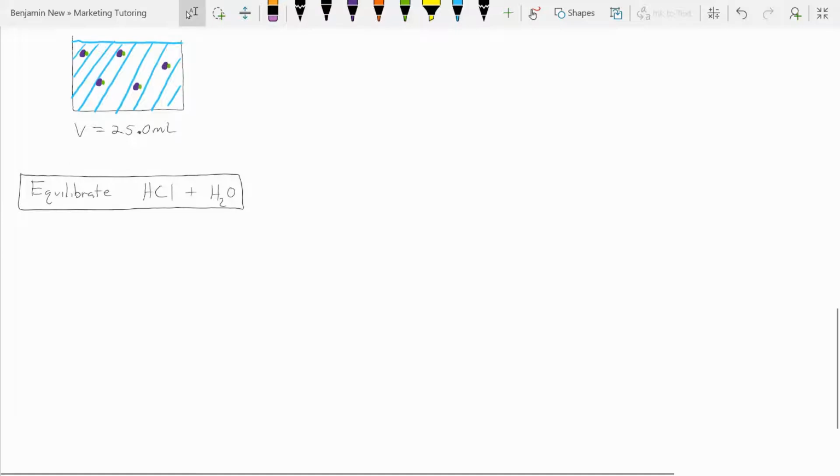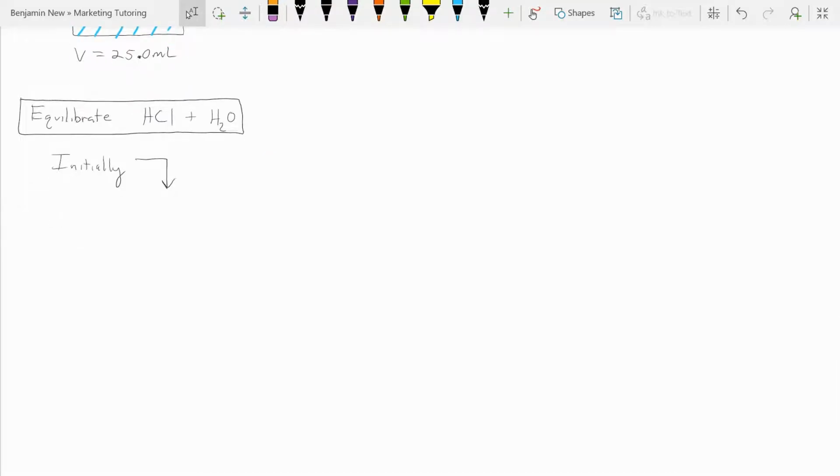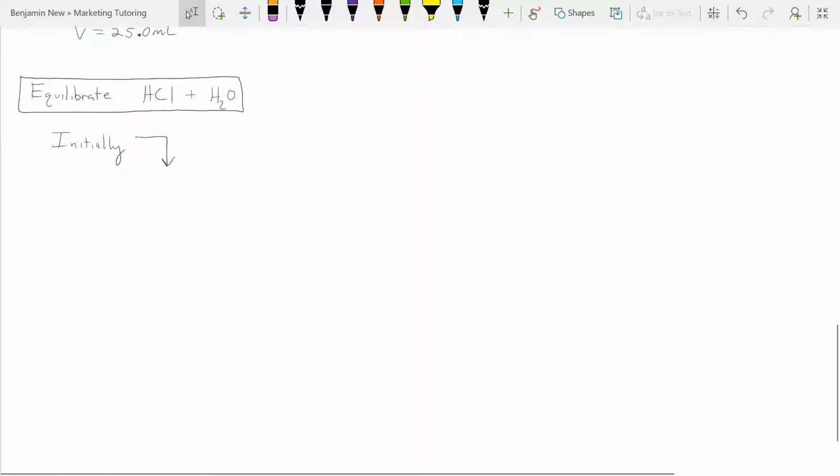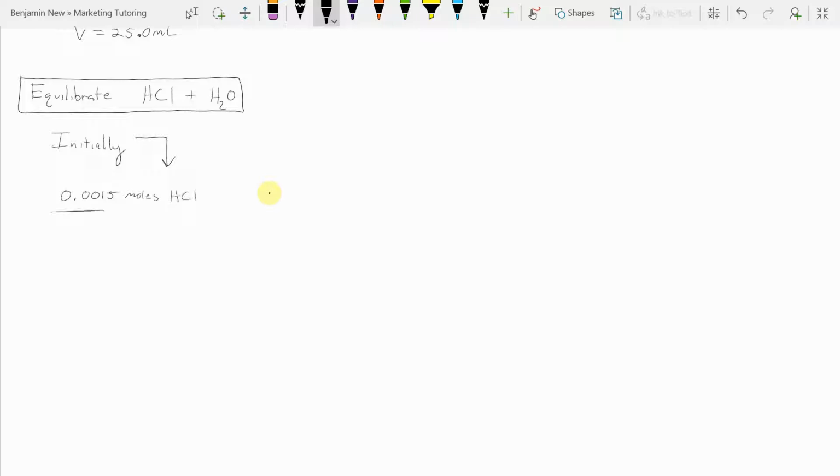Okay. And so initially, what do we have? Well, initially the concentration of HCl, we have the number of moles. The number of moles of HCl is not going to change if we add water and we add ammonia. So we're going to have 0.0015 moles of HCl divided by the total volume of the solution at the very end of the experiment at the equivalence point.